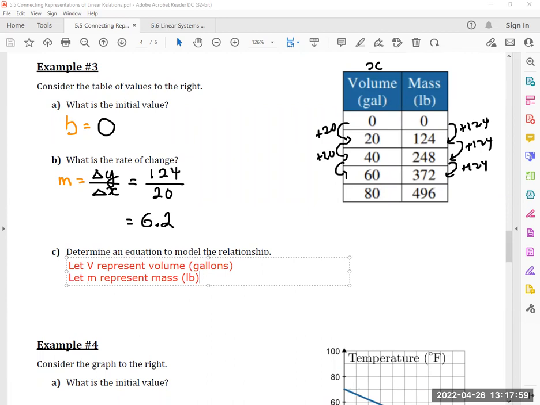I don't know why it's in imperial, but whatever. That means my y value, which is mass, is going to equal the rate of change times x plus 0. Let's be honest, we're lazy. We don't need to write that. Plus 0 doesn't change anything. This is my equation.